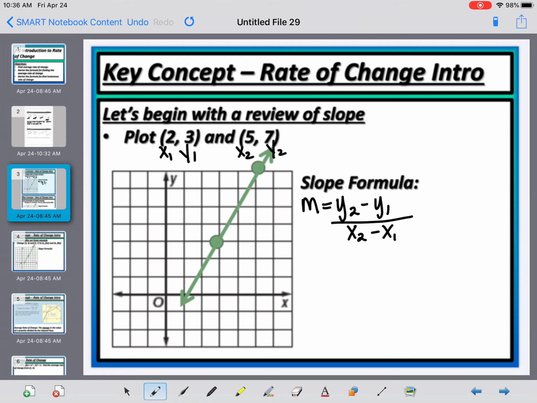When we first learned how to do slope, we were told to label those points. So 7 minus 3 over 5 minus 2. So we have 4 over 3 as our slope.